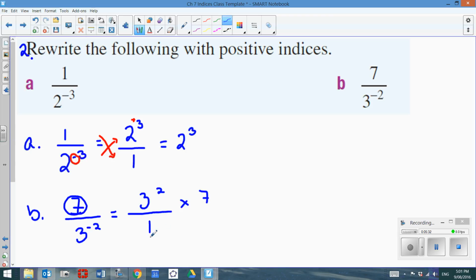The 3 squared technically has a denominator of 1, but we do not have to write the denominator as 1. So I'm just going to write it as 3 squared times 7. The 7 is not part of my new rule, so I'm just going to leave 7 as 7. If I actually wanted to evaluate this, 3 squared is 9 times 7 makes 63.